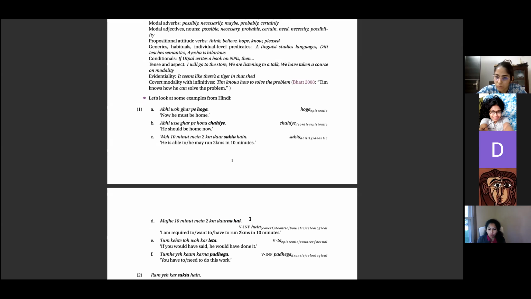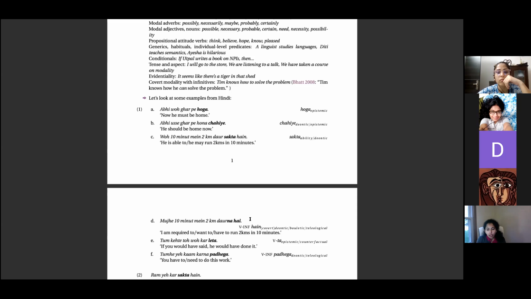Okay. So I am required to run 2 kilometers in 10 minutes. I want to run 2 kilometers in 10 minutes, which is your bulletic, and I have to run 2 kilometers in 10 minutes, which is maybe based on a goal. Like if I want to catch that bus, I have to do this. Okay, so teleological is basically an agent's goals, and bulletic is an agent's desires.